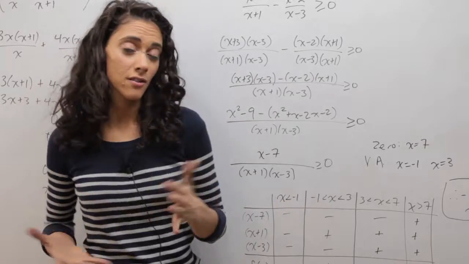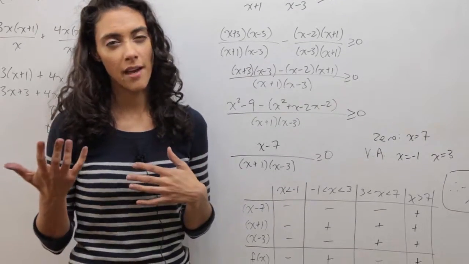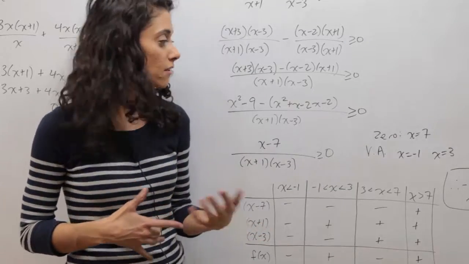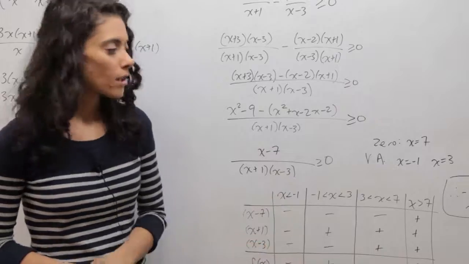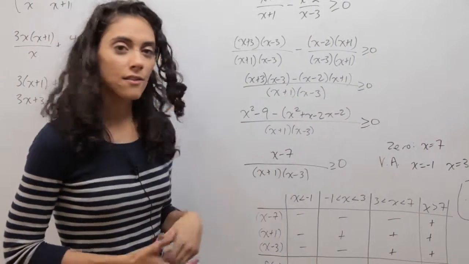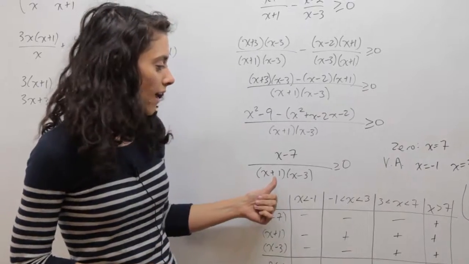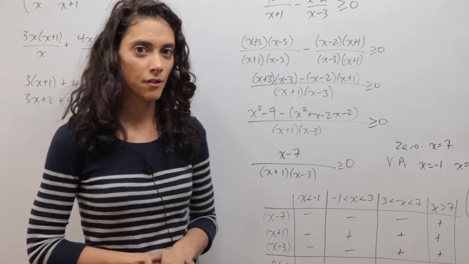You have two options. Just like with polynomial inequalities, we sketched the graph to figure out when it's above the x-axis and when it's below the x-axis. You could sketch it. Alternately, you can make a sign chart. This graph, if we were to graph it, has an x-intercept at 7, and vertical asymptotes at -1 and +3, the values that make the denominator 0.